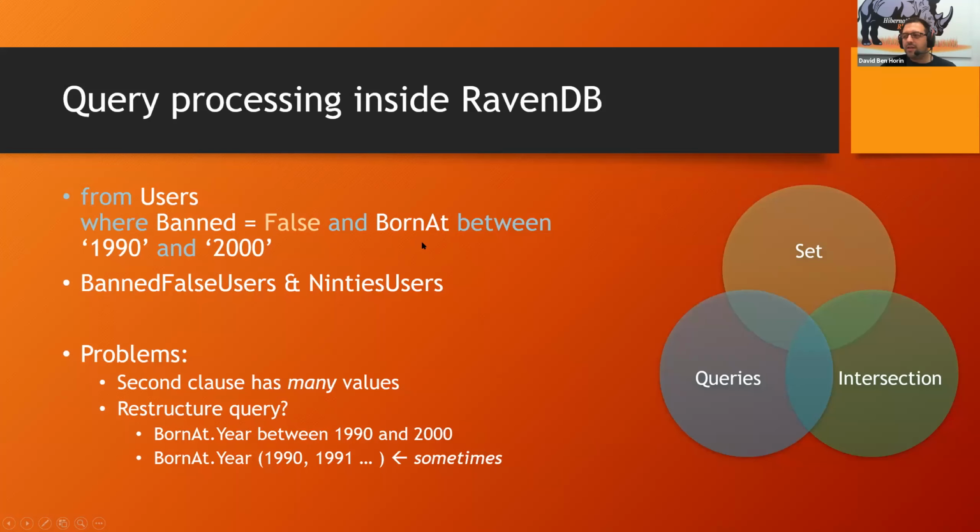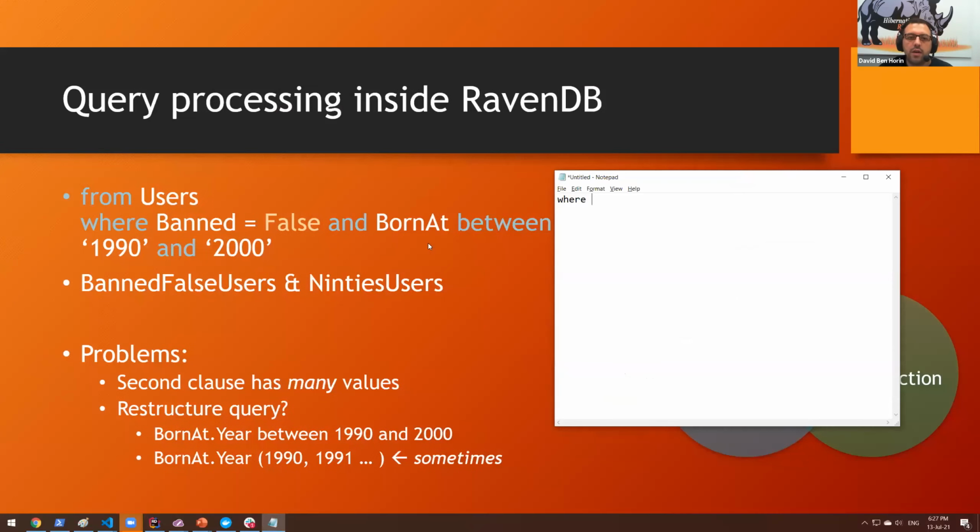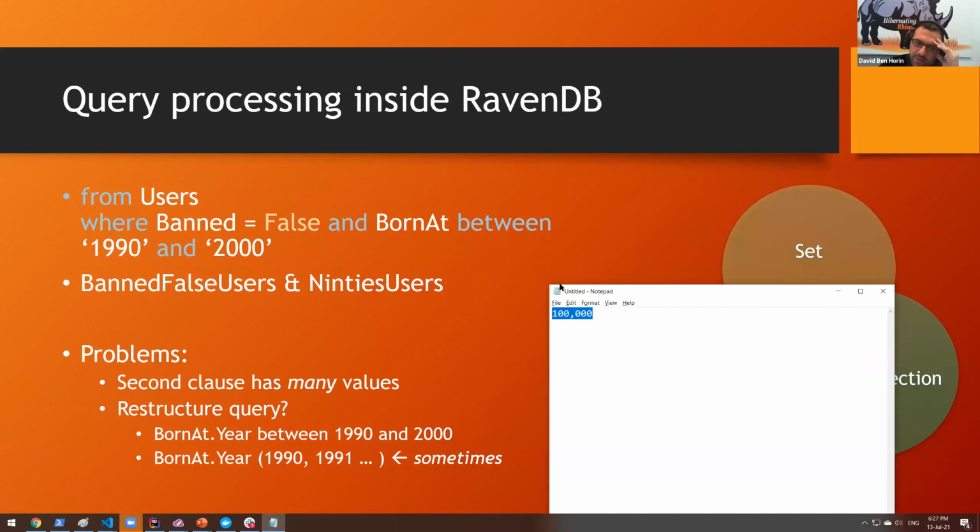Consider that born at may have 100,000 unique values, which means that in order to do this intersection, we have to find all 100,000 items that are in this range.